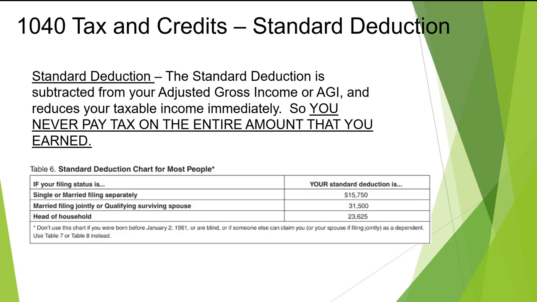So what is the standard deduction? The standard deduction reduces your taxable income immediately. It's a decision made by the U.S. government based on things like your income and your filing status. It changes every year. It goes up a little bit every year. One of the benefits of the standard deduction is that it takes less time to file because almost everyone claims the standard deduction.